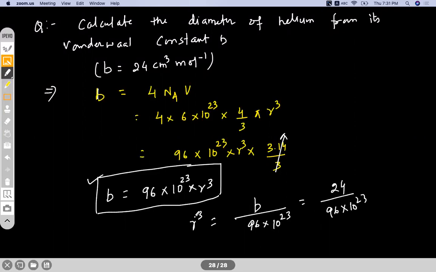Then you can find out r from this. Diameter is 2 into r, so we can find that out also.